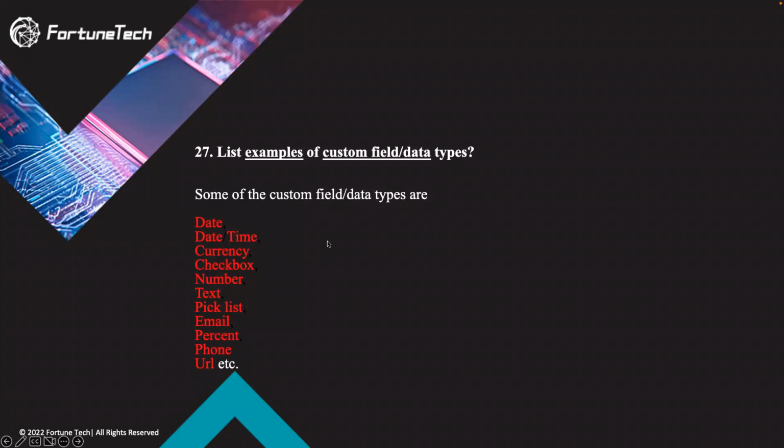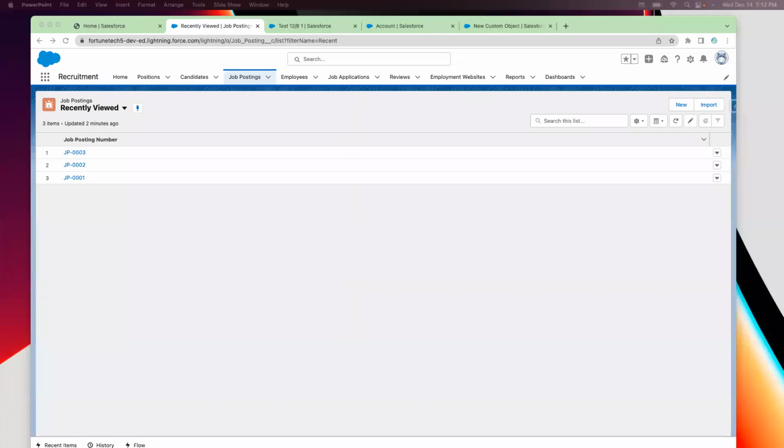Okay, these are the examples for the data types. So where can we reach the data types from Salesforce? Can you guys guide me through? You mean the UI side or the backend side?